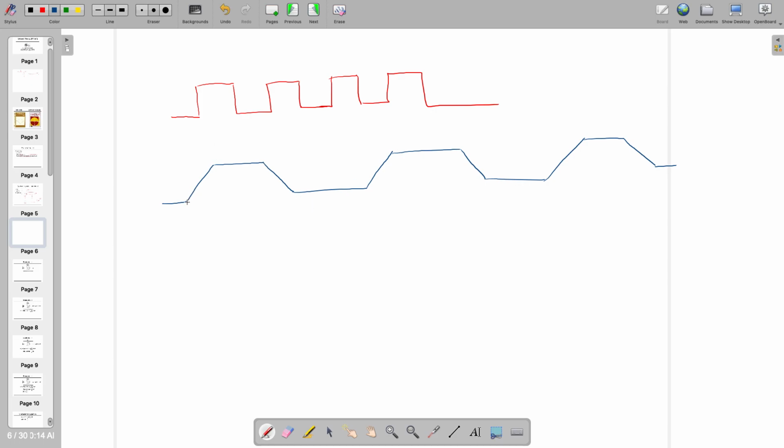So when I'm taking the derivative of this one, let's call this function v of t, what are you going to get? Constant. Can I draw something like this?